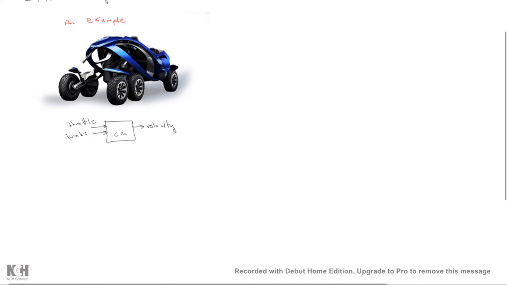Absolutely, the velocity is not the only output of this car. For example, the range the car can go with a full tank of fuel might be another signal that is important to us and defines the performance of the system, and I can put this as another output.